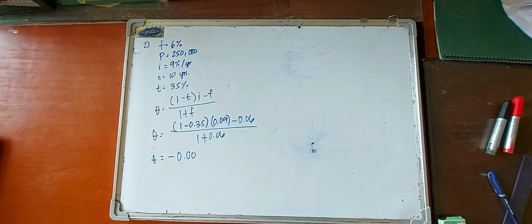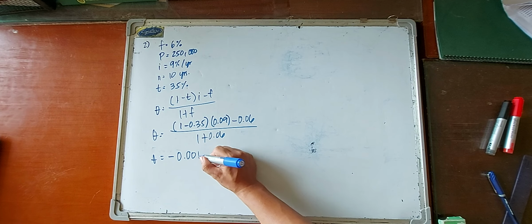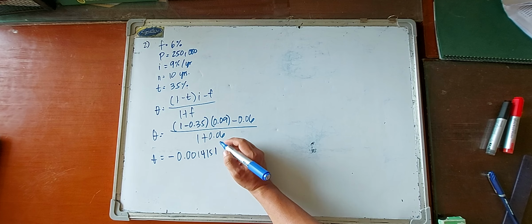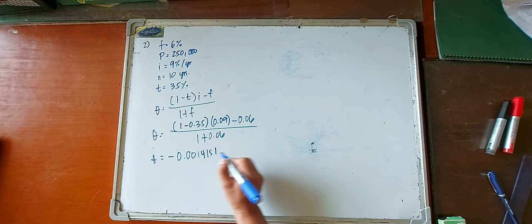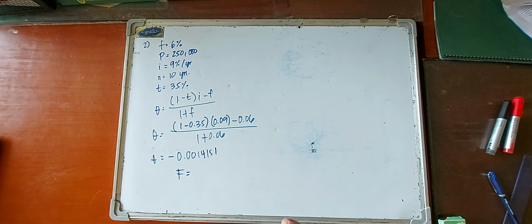So the composite interest rate is equal to negative 0.0014151. Okay? So ito yung hindi siya protected. And then we also are asked to solve for the future value in terms of today's peso.